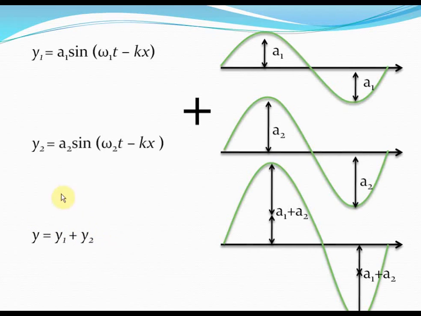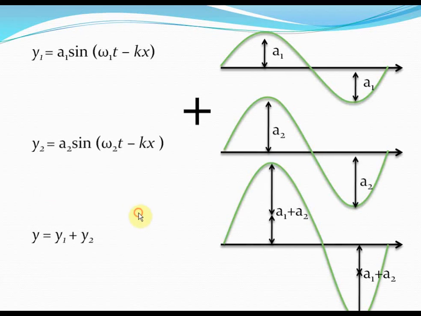In this case, we are adding the displacement straight away because they are all in the same direction. After all, if our wave is traveling along the x-axis, in case of a transverse wave, the displacements will always be along the y-axis. Got it? So fine. We've understood that if two waves are traveling in a medium, we can simply add their displacements to get the displacement of the resultant wave.